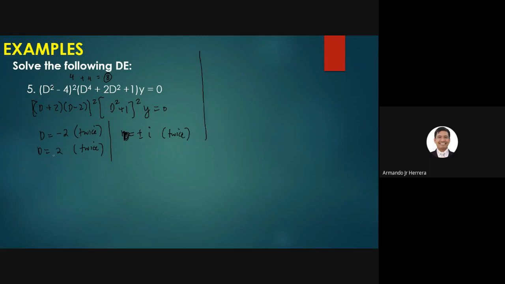Punta muna tayo sa negative 2 twice. So, y is equal to c1 e to the negative 2x plus c2 x e to the minus 2x kasi twice lang. So, hanggang x lang dapat. Punta tayo dun sa pangalawa. y is equal to c1 e to the 2x plus c2x e to the 2x.